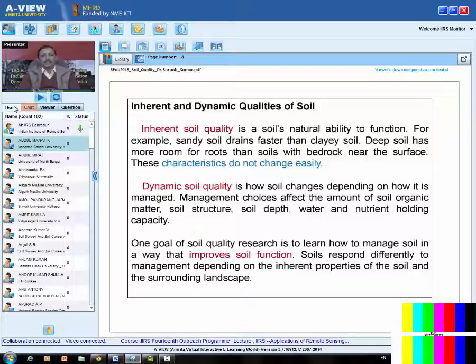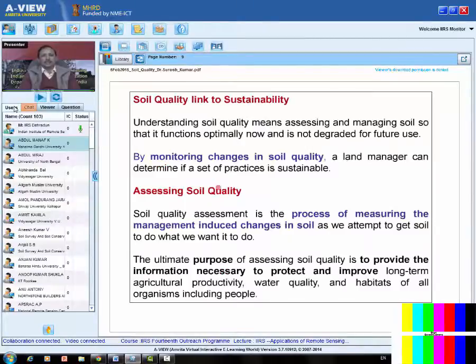Here you see that soil quality is linked to sustainability. As I told you, suppose a farmer is using a particular land use system: the rice-wheat cropping system, the rice-sugarcane cropping system, or a legume or pulses plus grain combination system. Is this system sustainable or not?